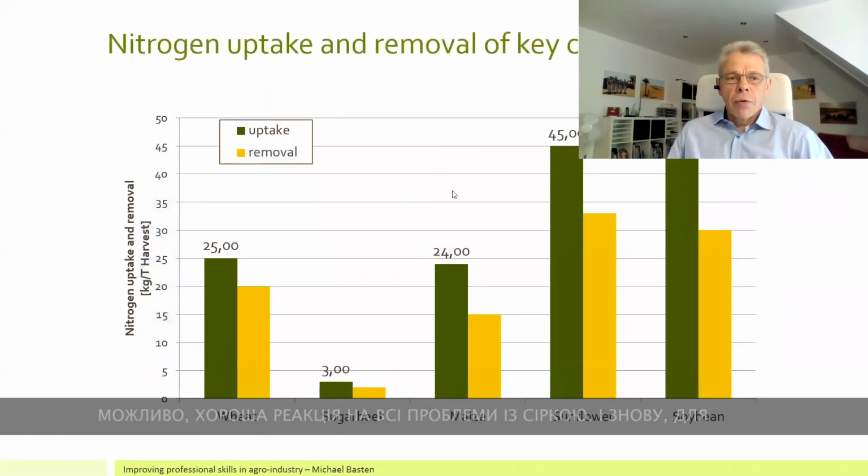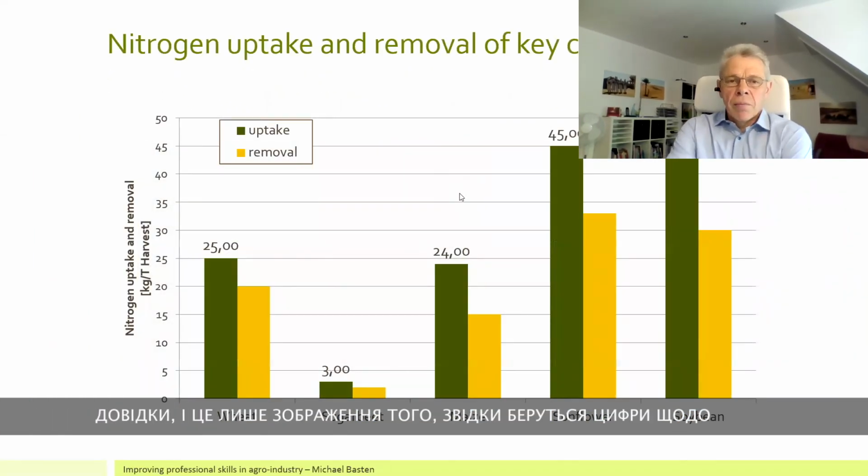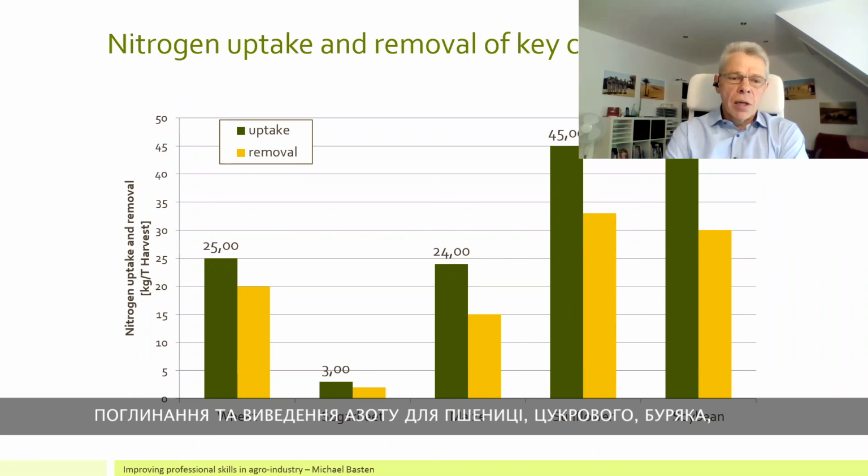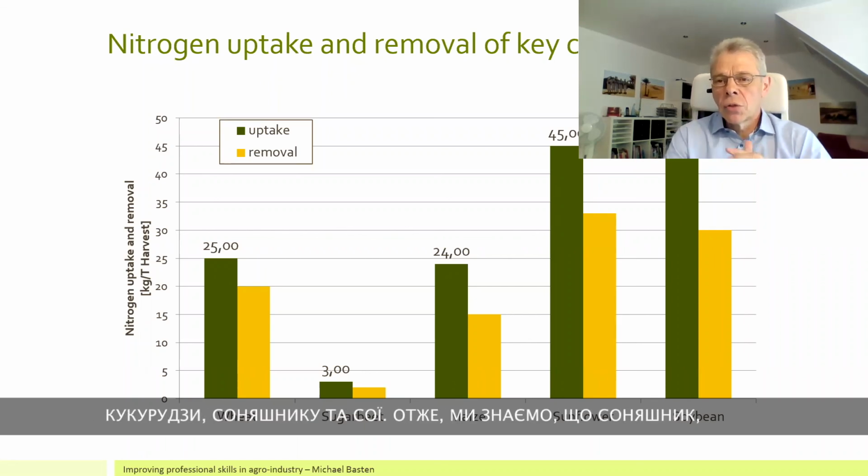And again, for reference, this is just an illustration of where the nitrogen uptake figures come from, which I will refer to in the second part of my presentation. These are the nitrogen uptake and removal figures for wheat, sugar beet, maize, sunflower and soybean.